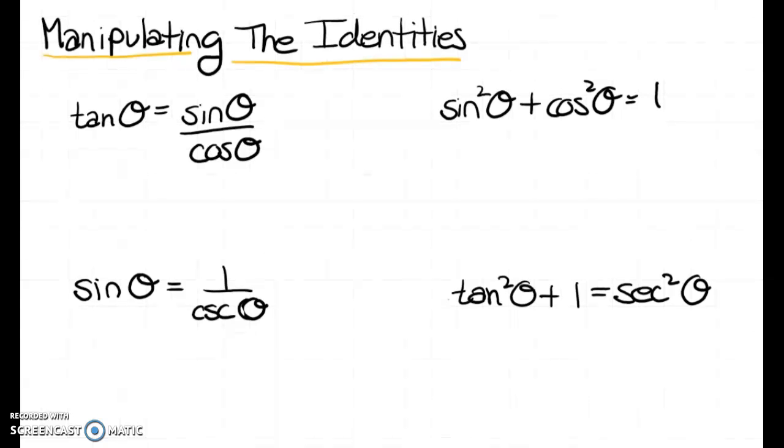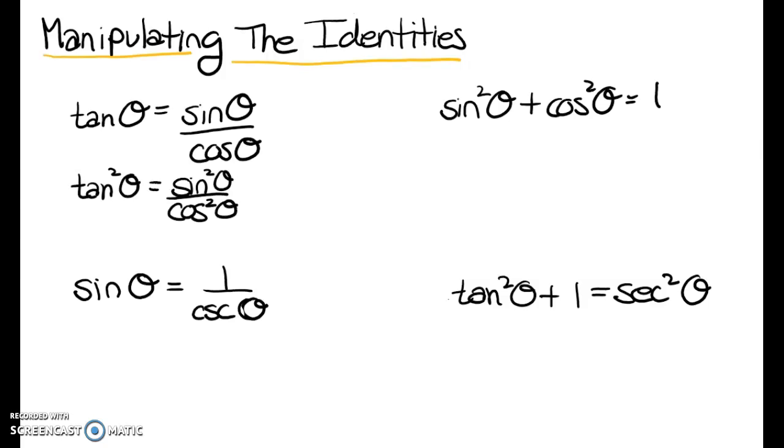I've written 4 identities up here, and when I say manipulate them, we don't have to always think of our identities in the form that we're given them in the book. They come in many, many different forms. So for instance, say I have the form tangent of theta equals sine of theta over cosine of theta. That's what the book gives us. But I can also square both sides and get tangent squared theta equals sine squared theta over cosine squared theta.